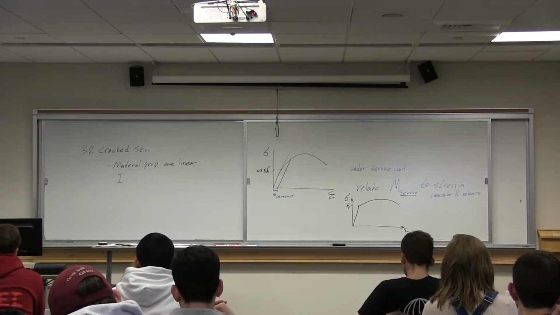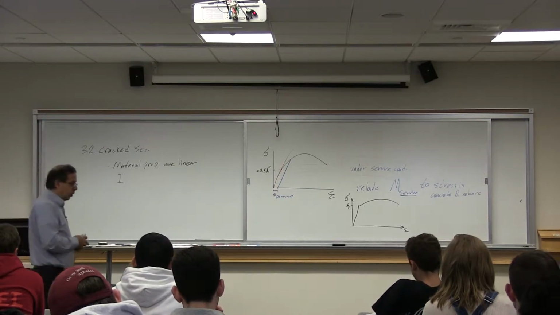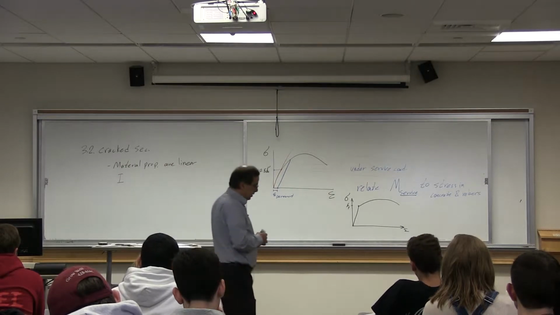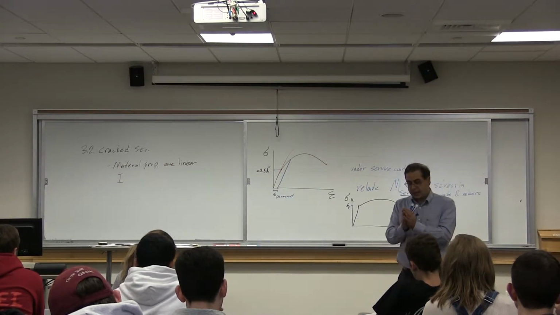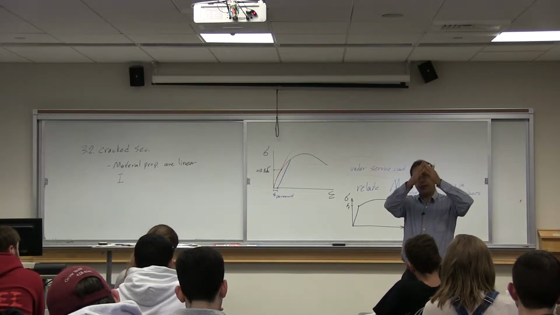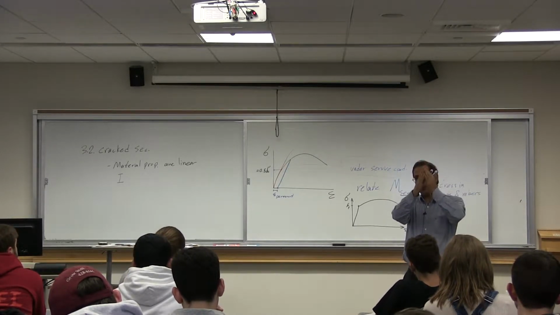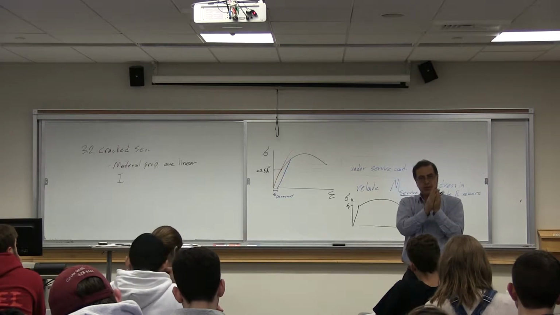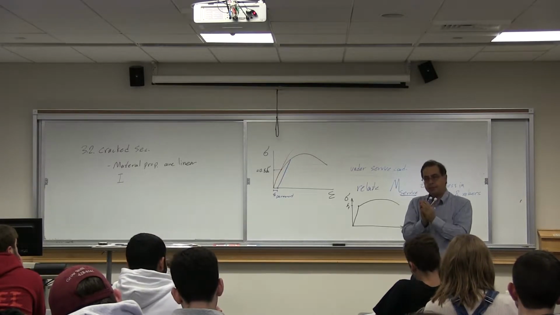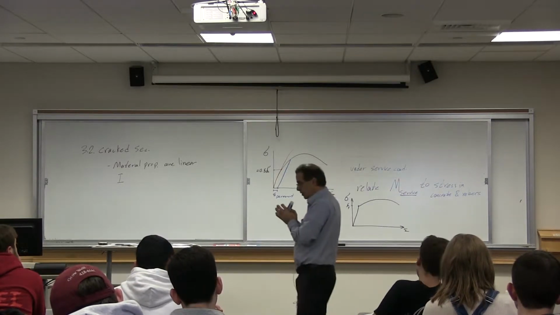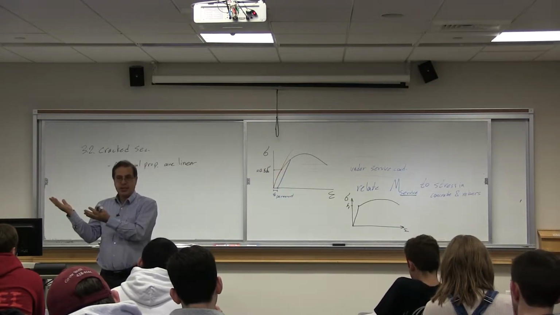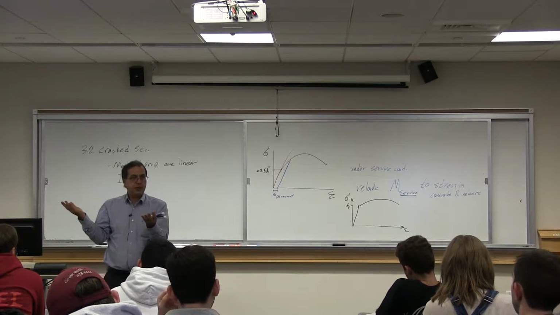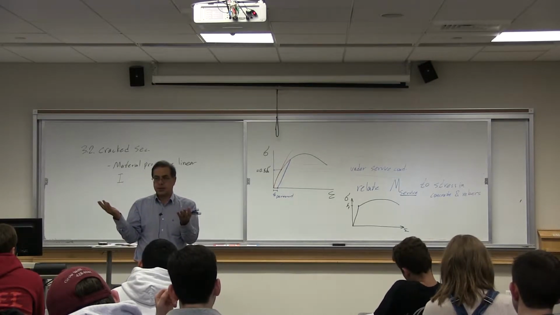One thing we would like to talk about concrete in tension is that we don't want the crack to be wide open. We want to be able to control the crack size. Why? One reason is if the crack is wide open, people can see it and could be afraid of a cracked structure.